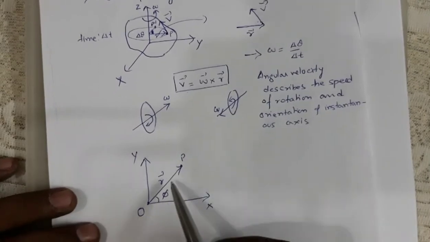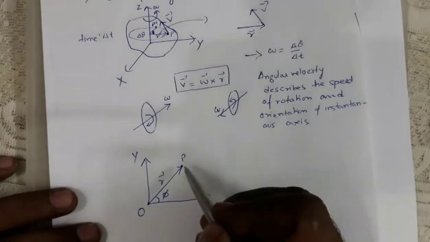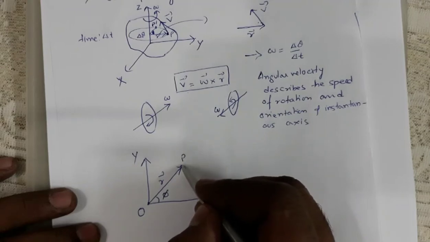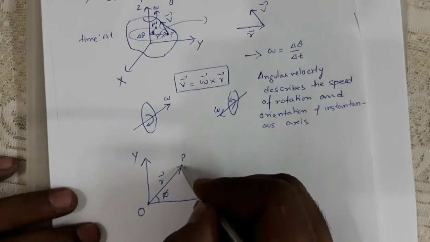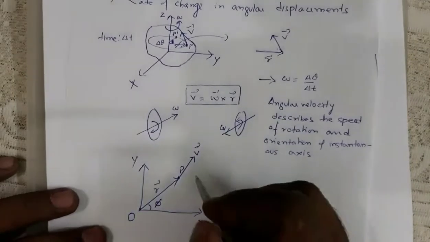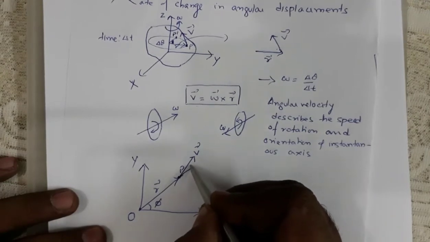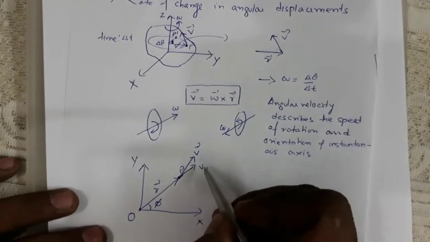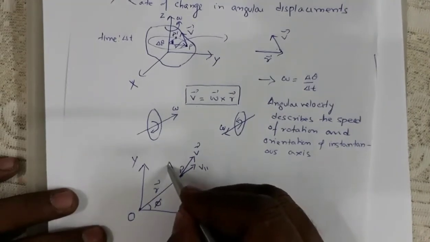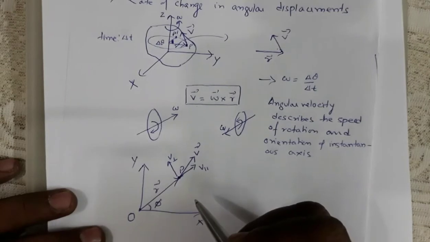Now suppose this point P has a velocity v in this direction. This velocity v will have a component v parallel, which is parallel to r, and v perpendicular, which is the component of velocity perpendicular to r.